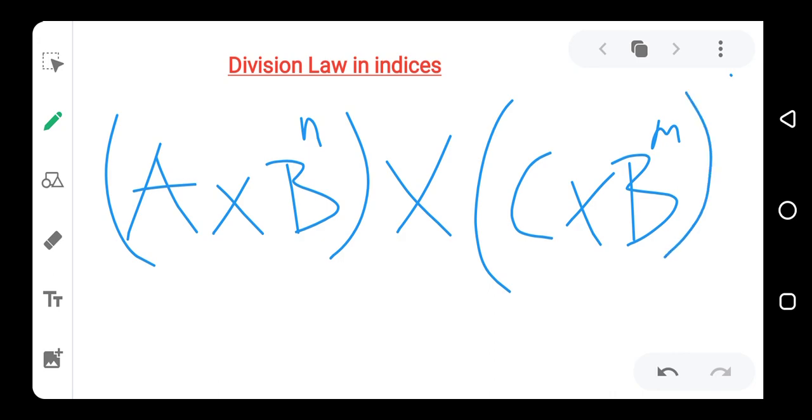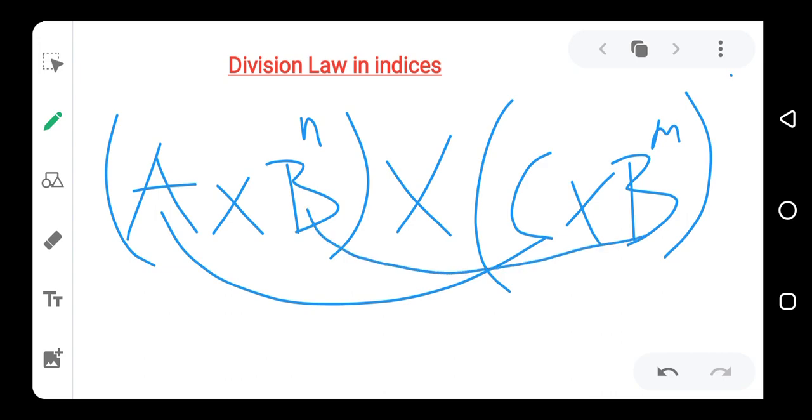In multiplication of indices, we multiply the bases. These ones, we multiply them together. And then for the index form, the powers, we add them together.